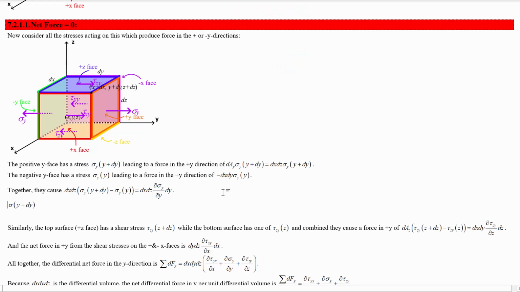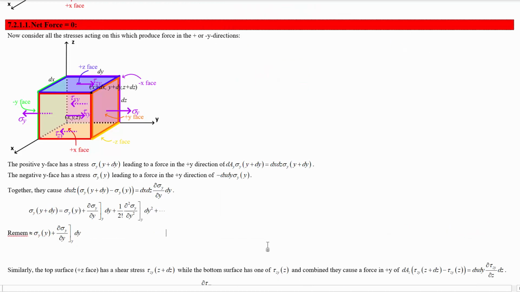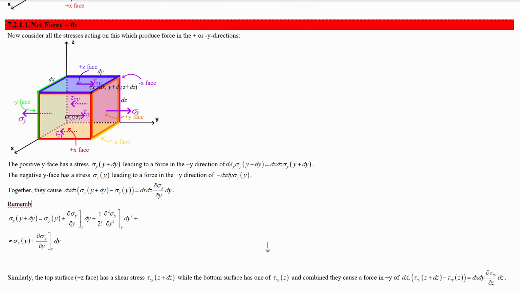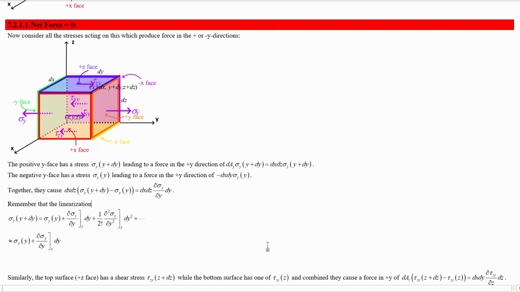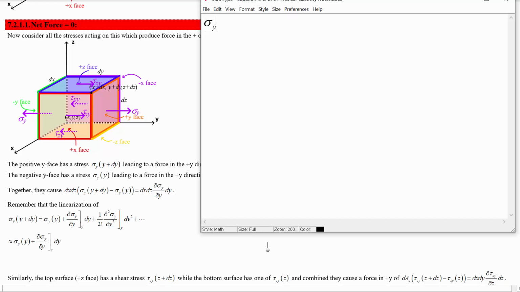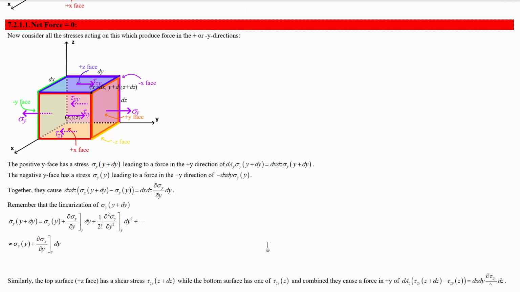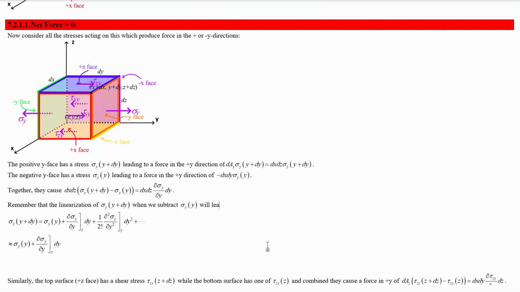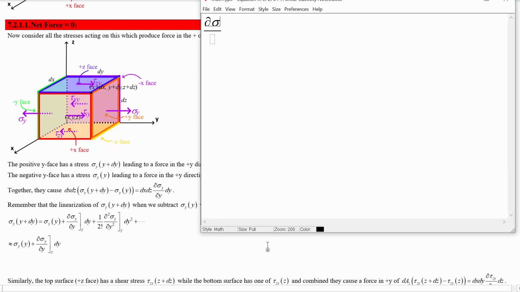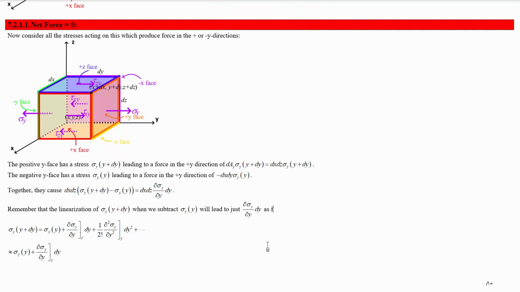We end up with just this thing because the linearization of sigma y at y plus dy, when we subtract sigma y at y, will lead to just del sigma y by del y times dy as follows.